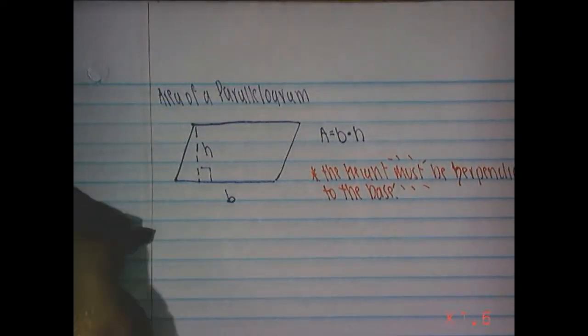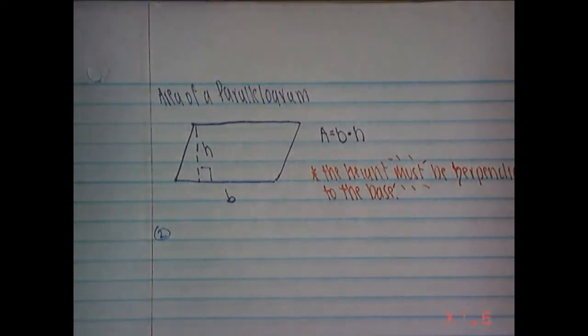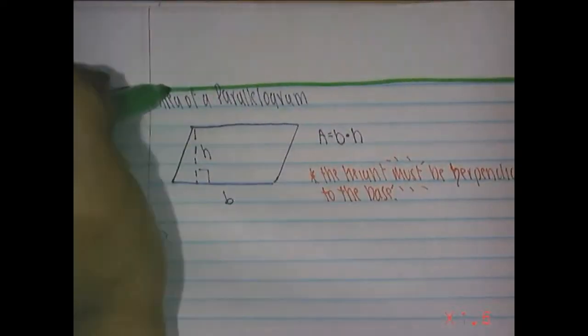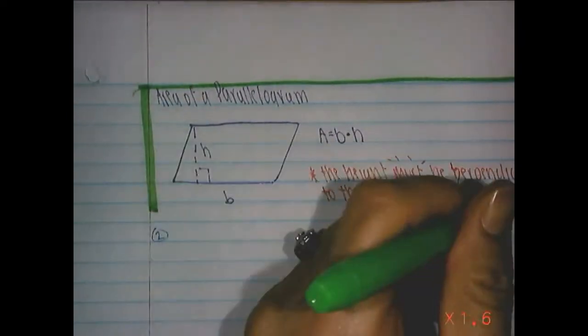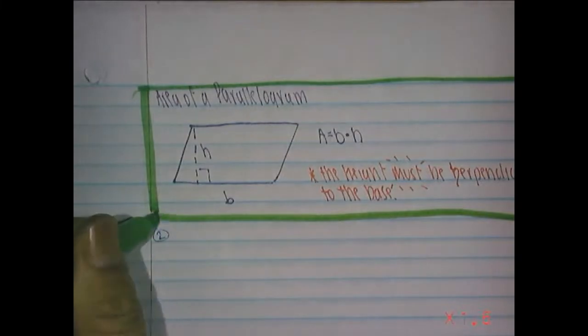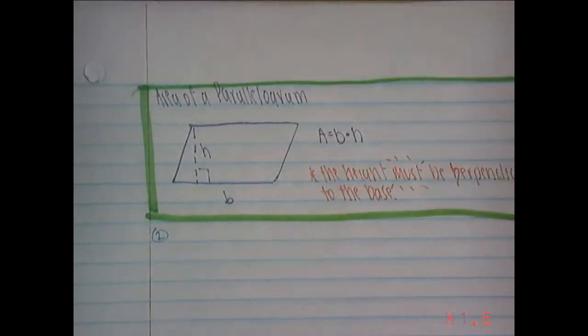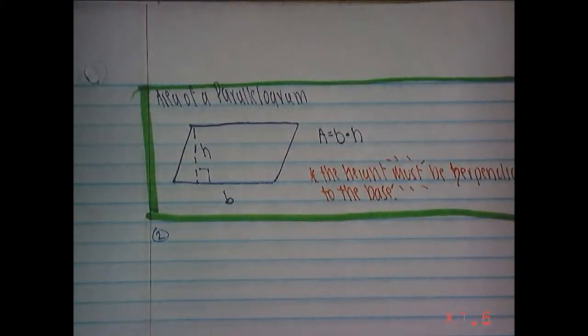All right, so really quick. Oh, whoops, I forgot to highlight that in green. In green, let's do an example. Let's find the area of the parallelogram.